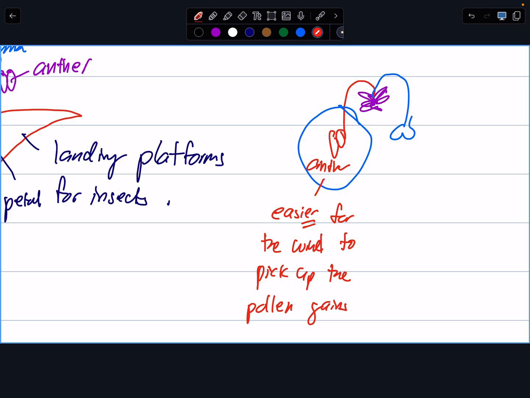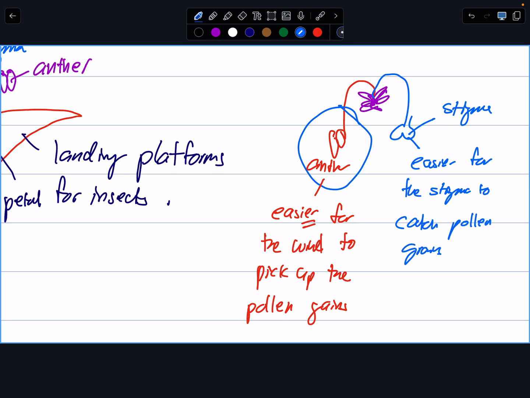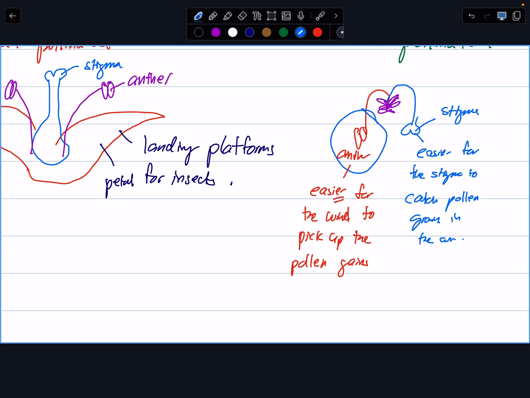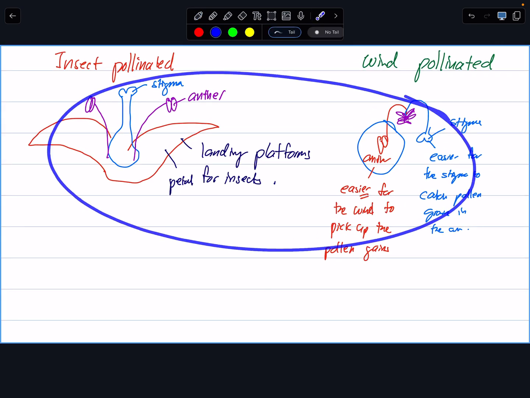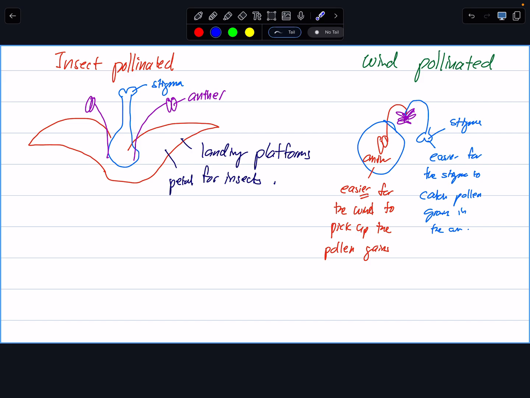And then your stigma, this is your stigma. It is hanging out, so it is easier for the stigma to catch pollen grains in the air. Alright? So basically, I don't care whether it is wind pollinated or insect pollinated.